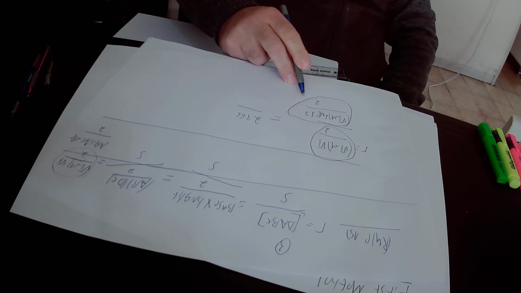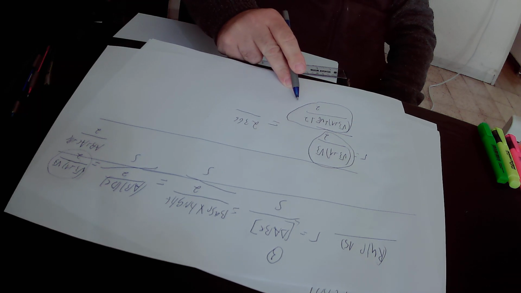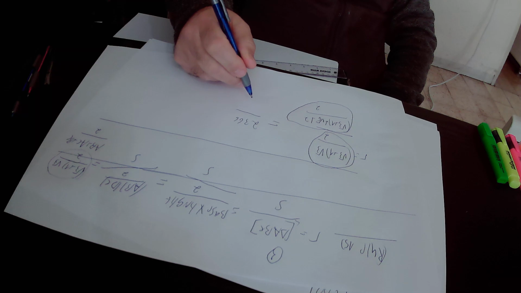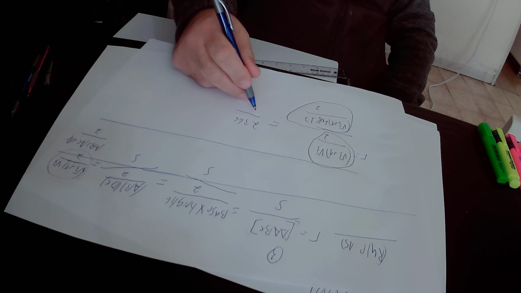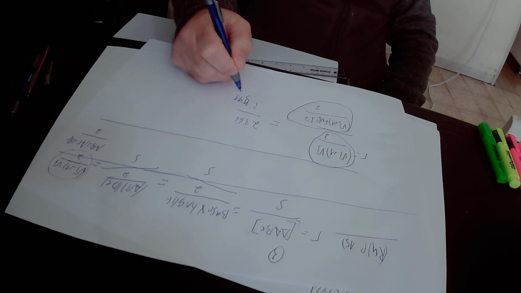The semi-perimeter is this expression, and the value of this expression in total is equal to 3.591.